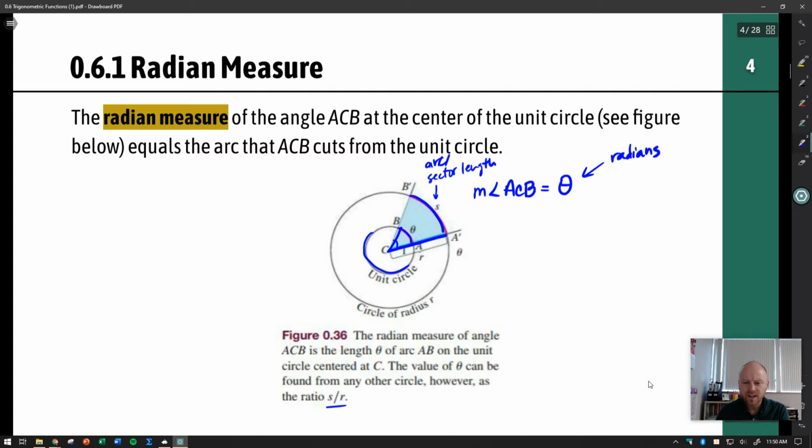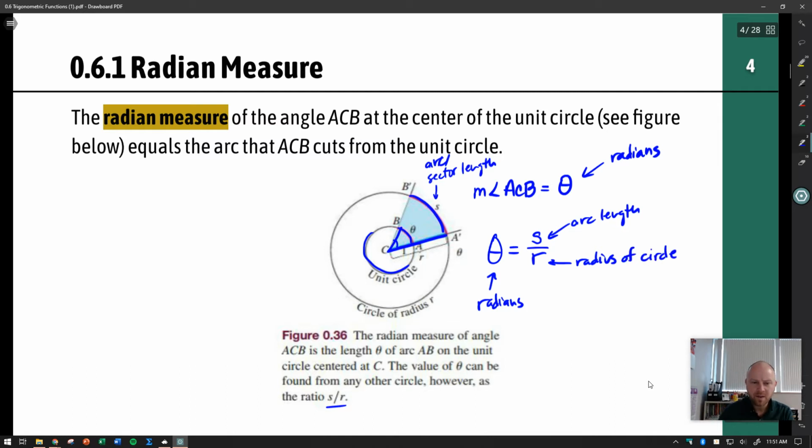So here we find out that theta in radians can be found anytime by taking S and dividing by R. So theta in radians is equal to the arc length over the radius of the circle.